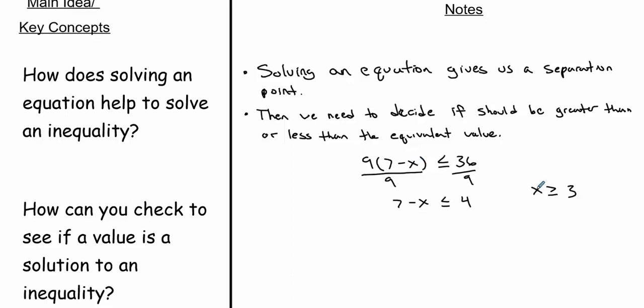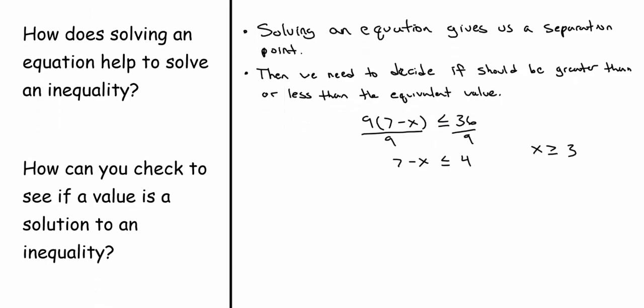So I can replace that. Now 2 is not greater than or equal to 3. What about 4? 7 minus 4 is 3. 9 times 3 is 27, which is less than or equal to 36. So to check to see if a value is a solution, you can substitute the number we got here back into the inequality.